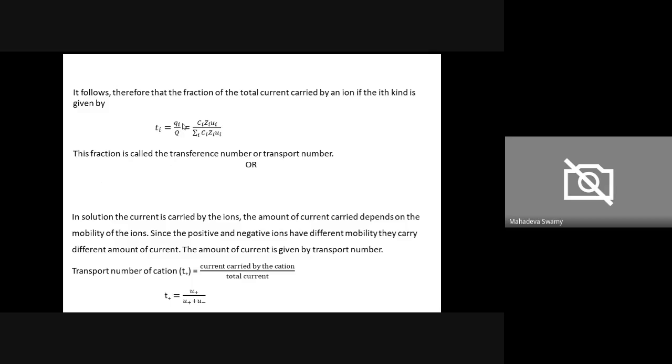The transport number is equal to Qi, the electricity carried by the ith kind, divided by the total charge, Q. What we derived is that Qi is Ci Zi Ui, divided by capital Q, the summation over i of Ci Zi Ui. This fraction is called the transference number or transport number. We express it like this here.